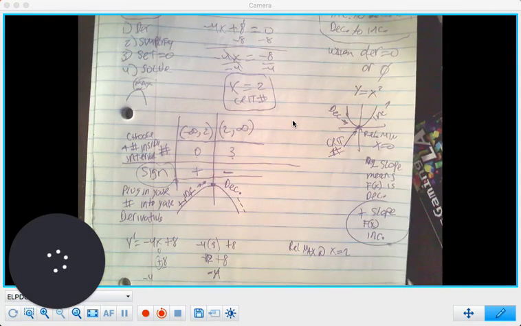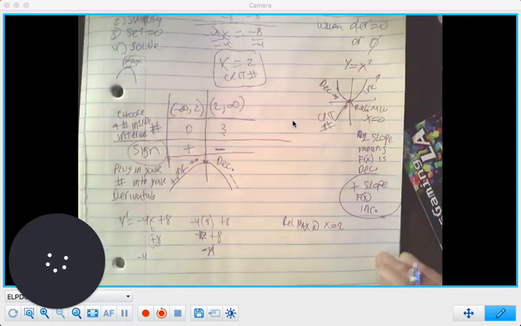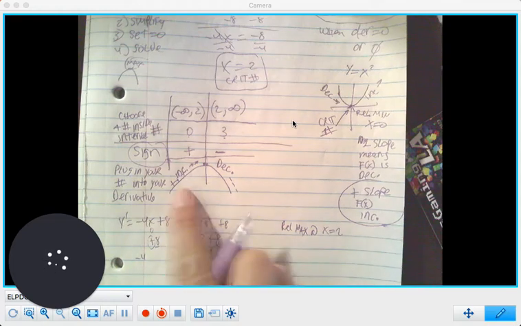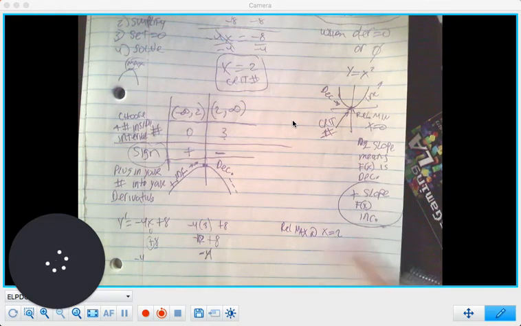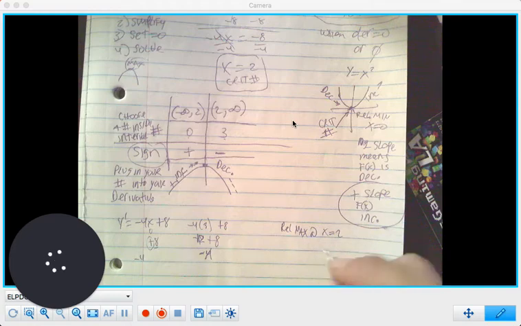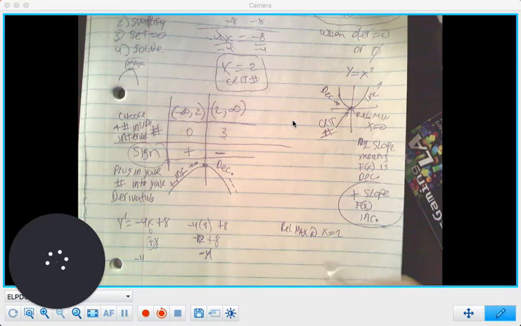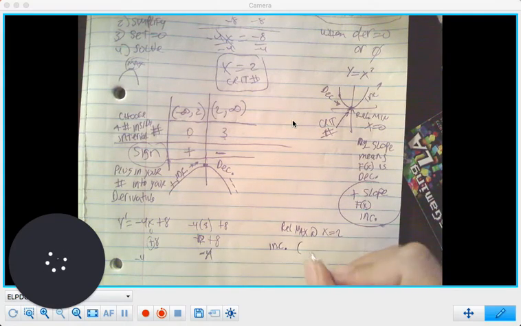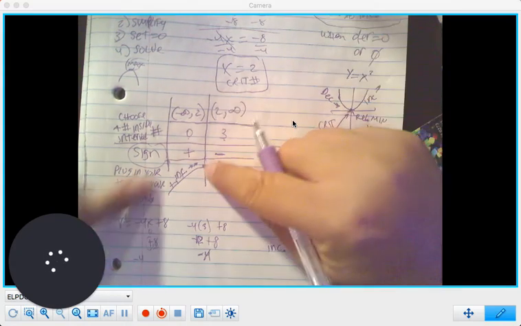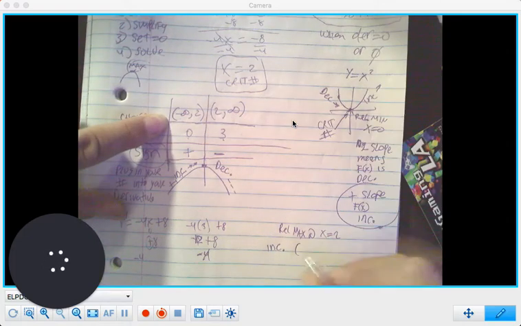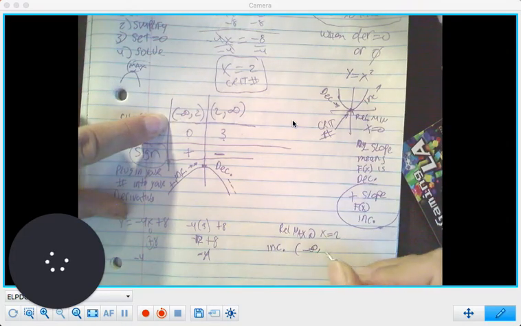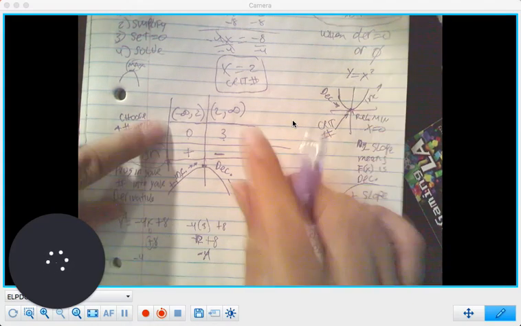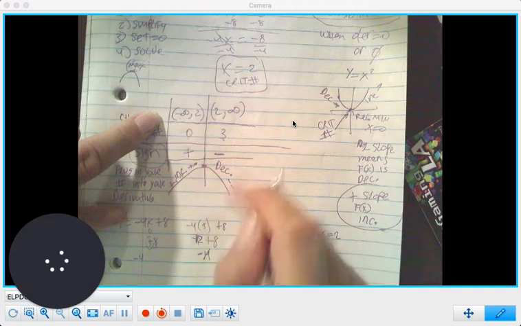So in your answer, remember, they're asking you for the relative max. Do you have a relative min? No. You don't have to write it. Do you have intervals where the function is increasing? Yes. So we say increasing and you put the interval. In this case, increasing between negative infinity and 2. And then that's it. Sometimes this function might go up, down, up, down.